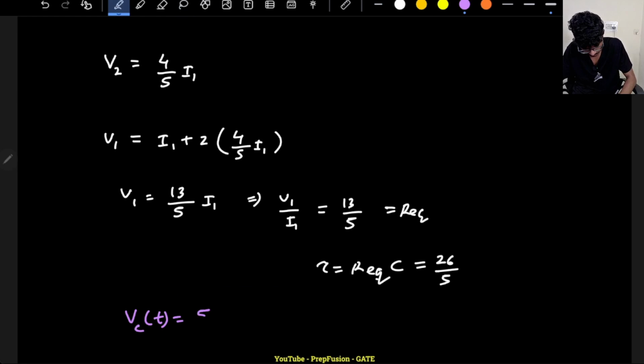It will be 5 e raised to power minus t divided by tau, that is 26 by 5. I will just quickly calculate this value. So this value will be 5 divided by 26 e raised to power negative into 5. So this will be around 4.12 volts. So 4.12 volts will be the answer of this question.